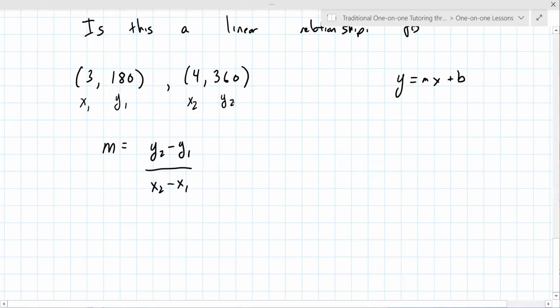So y2 is going to be 360 and y1 is 180. 4 is x2, 3 is x1. All right, can you figure out what this reduces to?